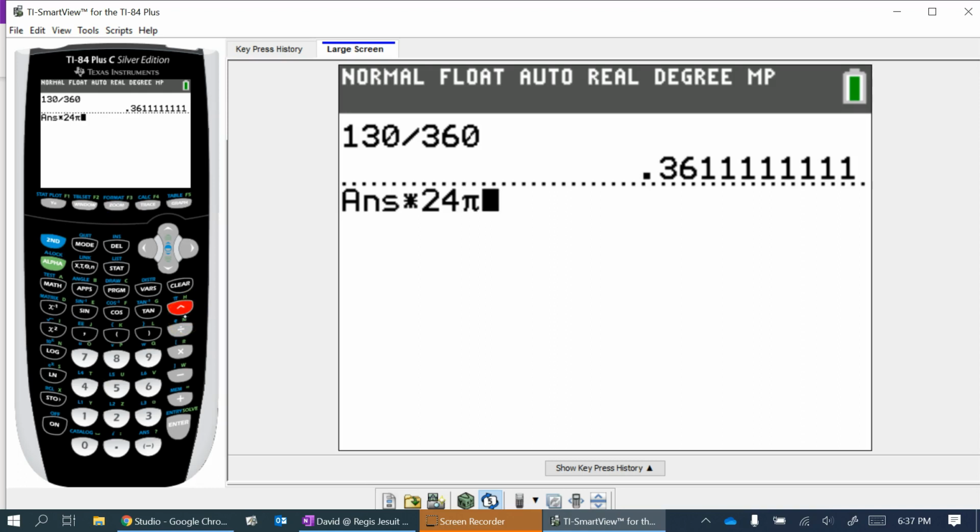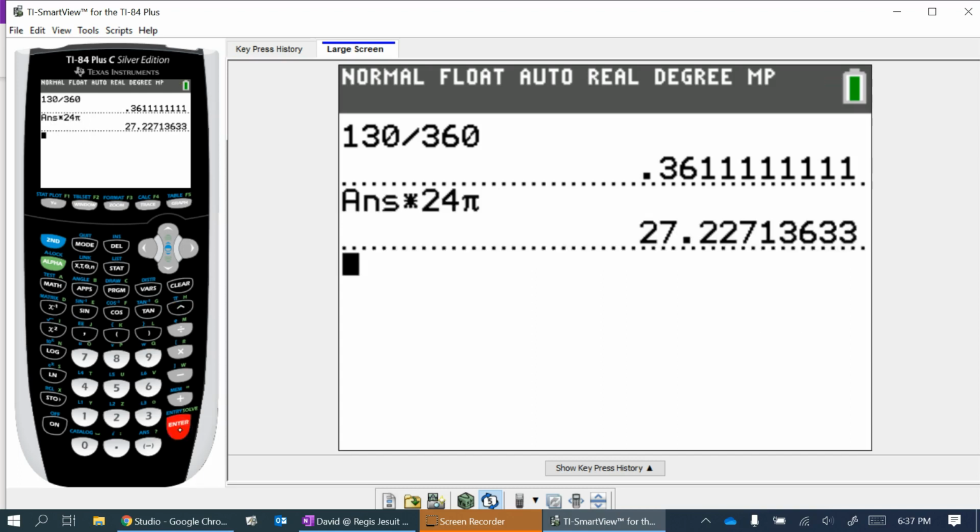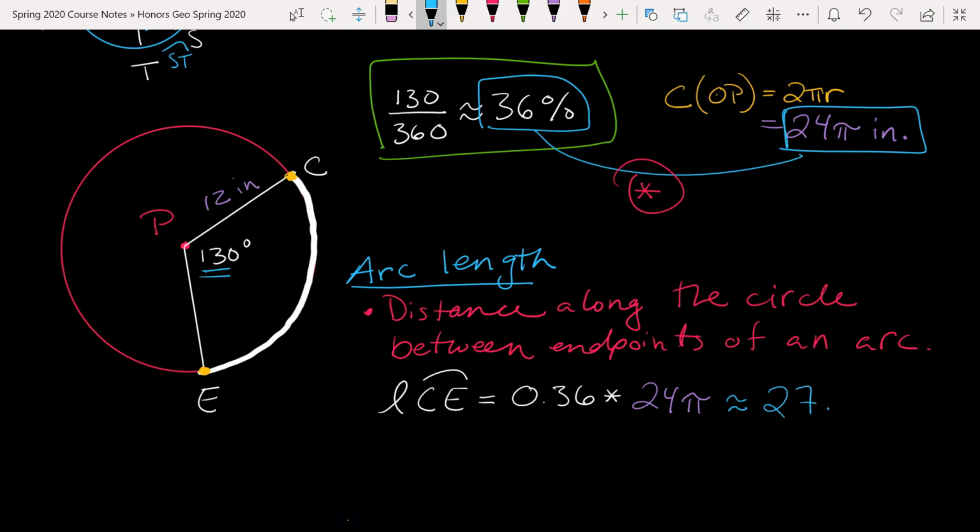So now we have our 36% of the circle. We're going to multiply that by the total circumference of the circle to get the portion of the circle that we're looking at, this particular length of this arc. I get about 27.23, if we want to round to the hundredths, inches. Let's write that down. So that 27.23 inches should be about 36% of the entire circumference of the circle.